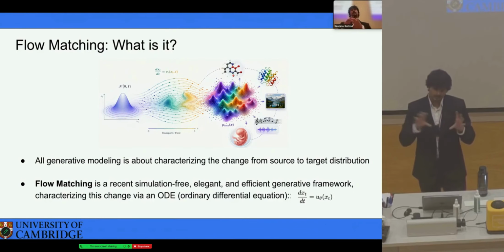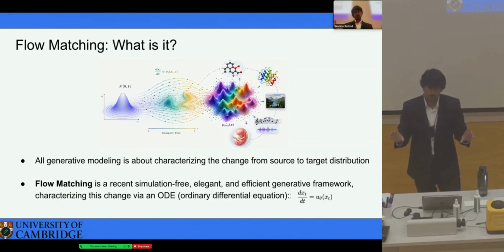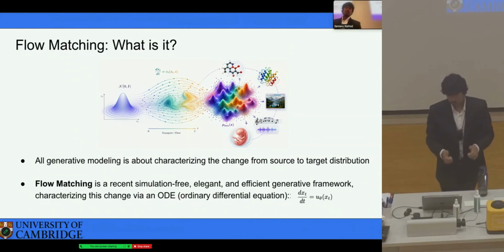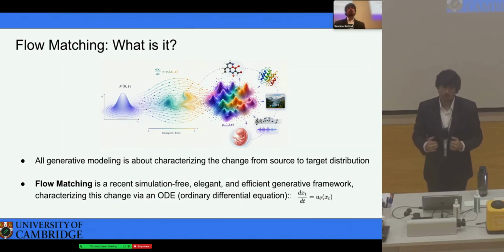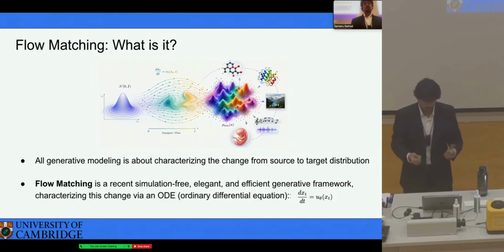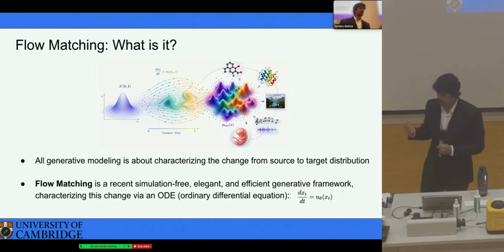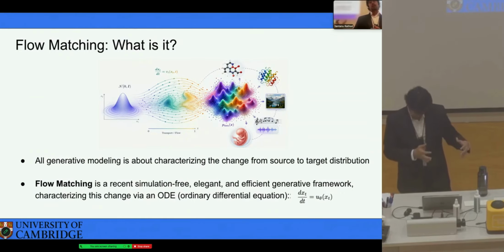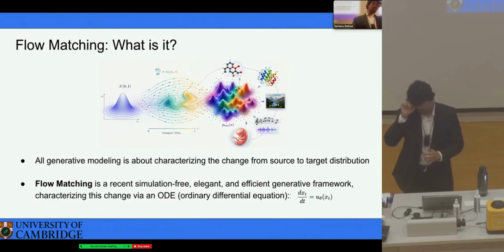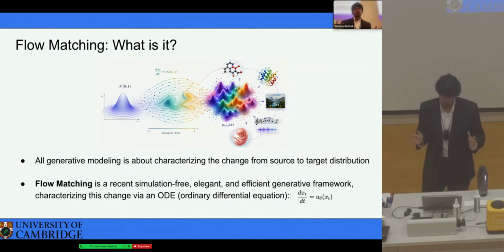So characterizing this whole transformation in a simulation free manner is what flow matching is all about. And in the end, once you characterize this complex distribution, you can sample based on your training data. You can sample things like small molecules, proteins, images, music, or even a sequence of embryogenic states, depending on what you train your model on.